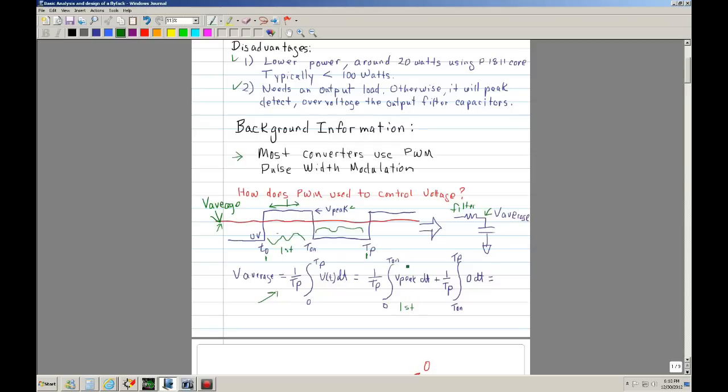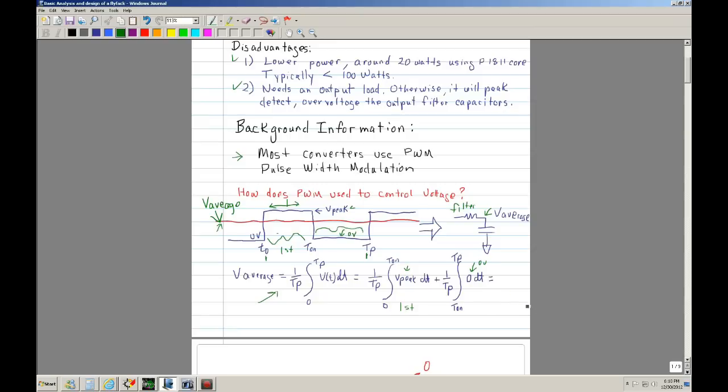That peak voltage is defined within this equation times dt, plus 1 divided by the time period of the second. So this would be the second. Now in this case, the voltage right there is 0 volts, so there goes 0 volts right there.